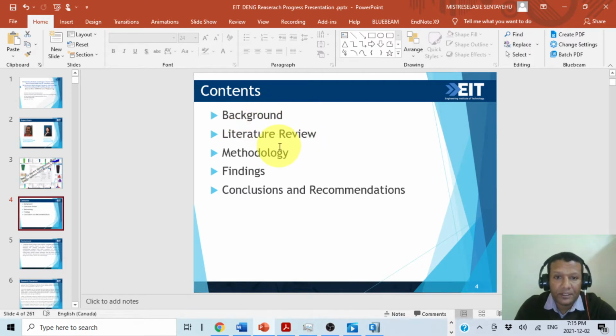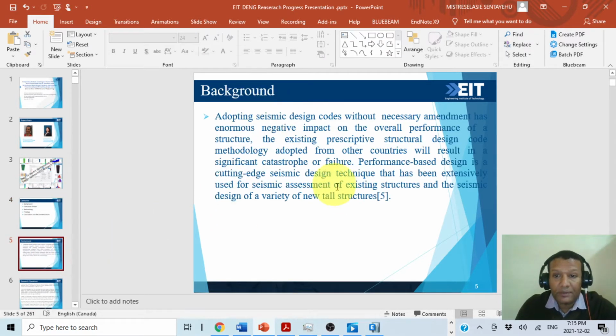Contents, for example: background, literature review, methodology, findings, conclusion. So the background is that adopting a seismic design code without necessary amendment has an enormous negative impact on the overall performance of a structure.